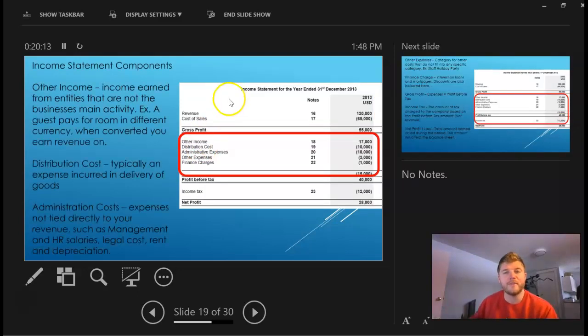So as you can see here, we have this whole other set: other income, distribution costs, administration, other expenses, finance charges. Now the thing about this is all costs that aren't really related to the sale of that food, as an example, right? The cost of sales is the labor and the actual cost of food. This stuff is just business costs.